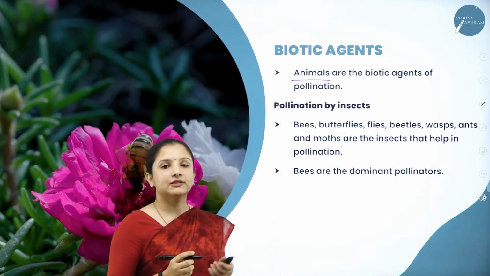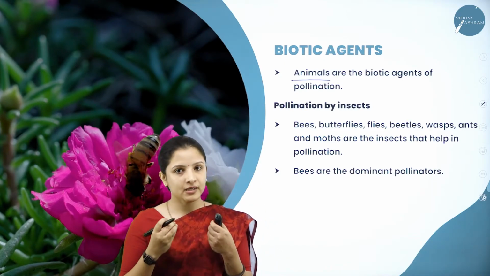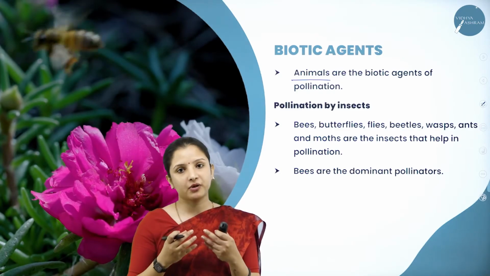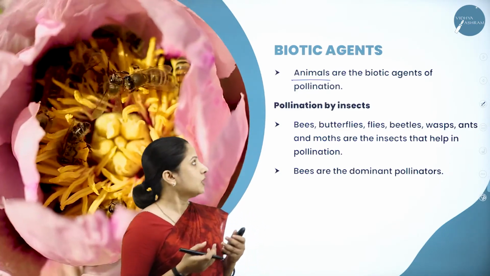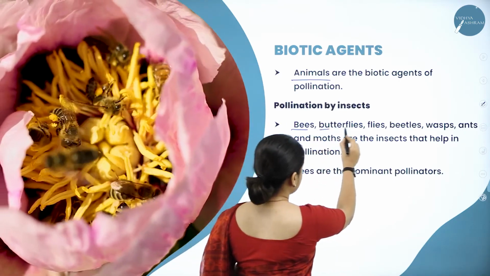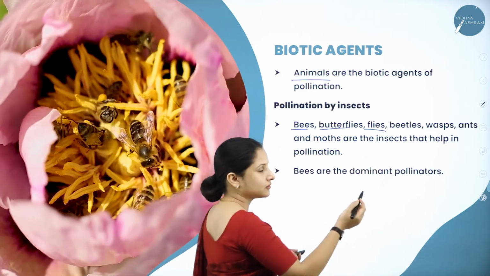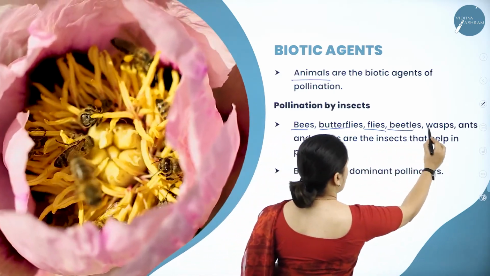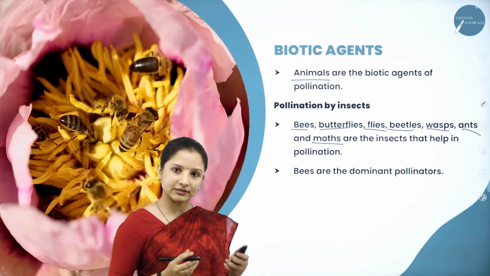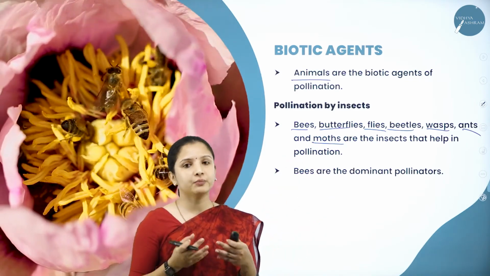Under this, we'll study pollination by insects, because among animals, insects are the ones which bring about the majority of the pollination. So bees, butterflies, then flies, then beetles, wasps, ants, and even moths. Moths are just like butterflies, but they are usually brown in color.